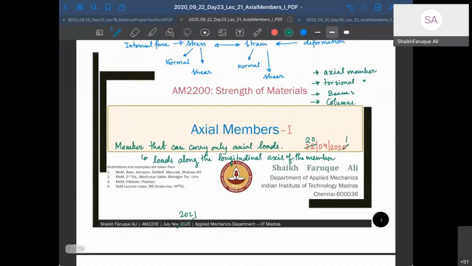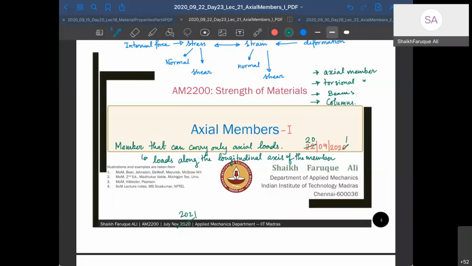Yes, it can experience only elongation and compression. So the point is, it carries only axial load. I can load it in any direction. I can load it in the transverse direction. I can give a torque also. I can give a moment also, but it will not take these loads.